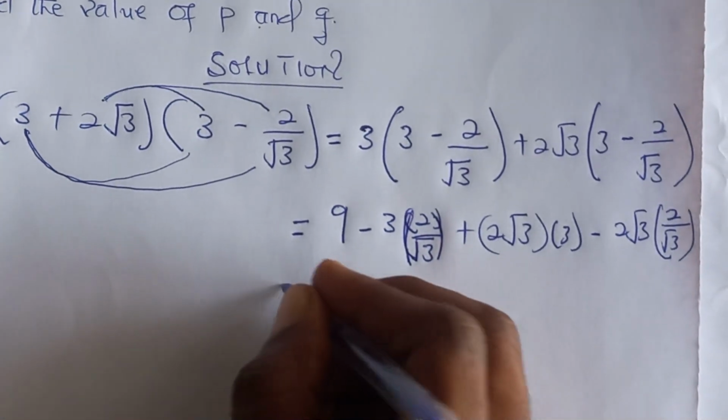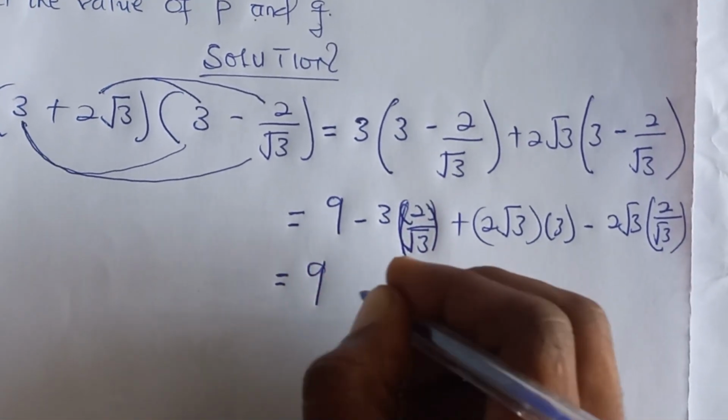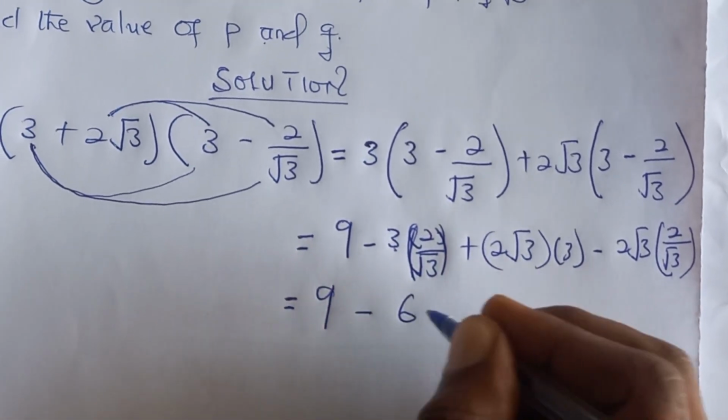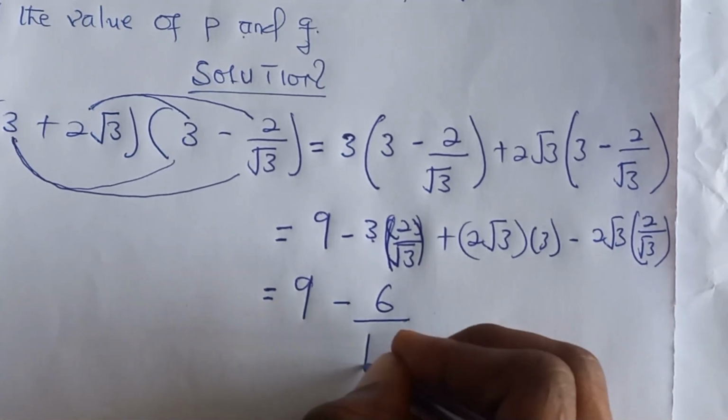So let's simplify this further. We get 9 minus 3 times 2, we have 6, and the denominator is √3.